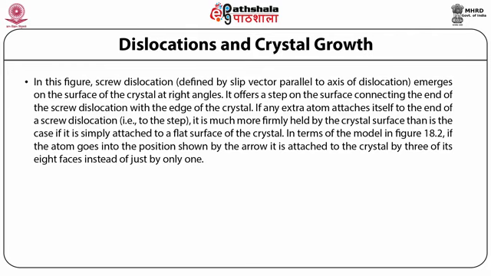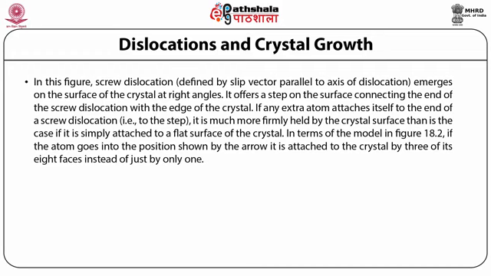It offers a step on the surface connecting the end of the screw dislocation with the edge of the crystal. If any extra atom attaches itself to the end of a screw dislocation, that is, to the step, it is much more firmly held by the crystal surface than if it is simply attached to the flat surface of the crystal.